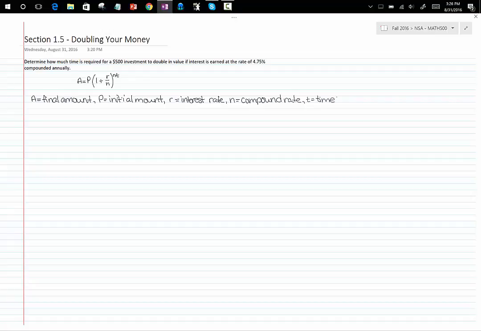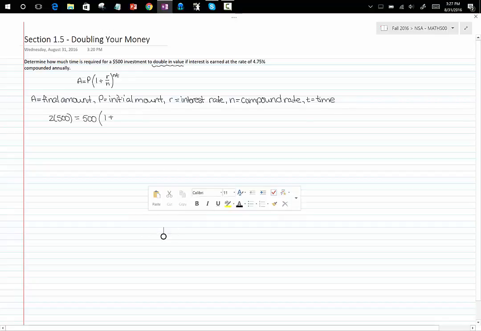So we're given that the final amount is the initial amount doubled in value. So we have A will be equal to 2 times $500 equal to the initial amount, 500, times 1 plus the interest rate divided by the compound rate.